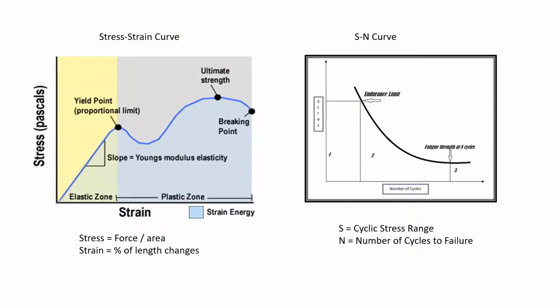I need to explain two other biomechanical concepts to help you understand the biomechanical stress in low back pain. One, on the left side, is the stress strain curve. We use this curve to understand the strength of a tissue. By stress, I mean the amount of force per area of the tissue.